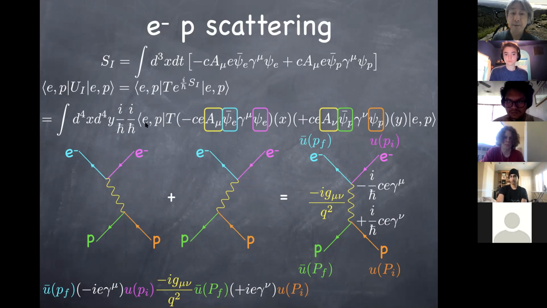But if you're talking about electron and proton in the final state having different momenta from electron and proton in the initial state, then the matrix element of 1 is identically 0, because an electron state with one momentum and an electron state with another momentum are orthogonal to each other by the delta function normalization. So that piece 1 drops out from this matrix element.